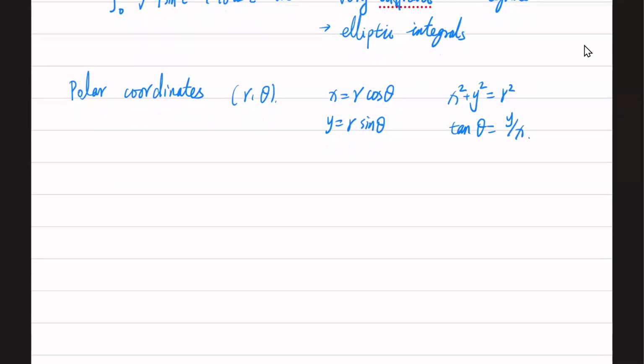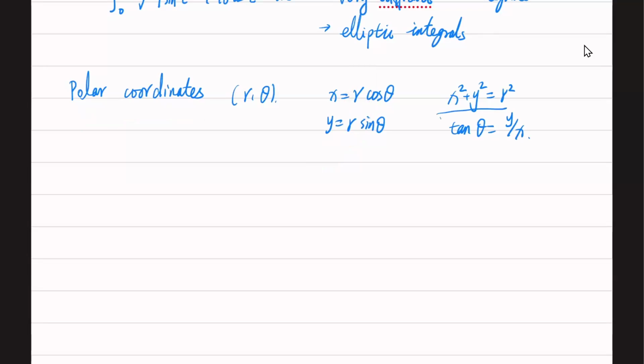Okay, let me check with you. When you learned polar coordinates, could this r be negative? Is that allowed? Or does r have to be positive? Could be negative, right? Okay, so this corresponds to two different conventions. Some books give this.